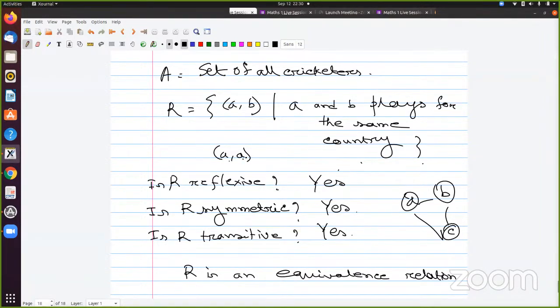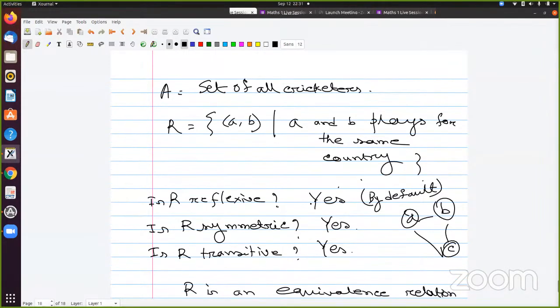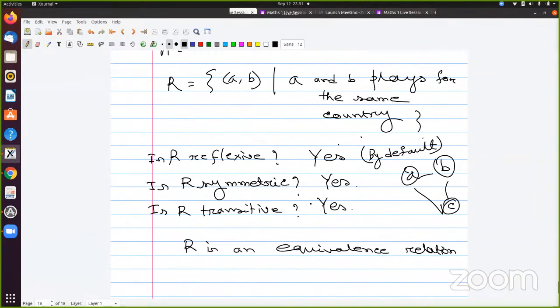That is by default, in the Cartesian product. R is a subset of A cross A. Correct, that's how this relation is defined. So this is an equivalence relation.